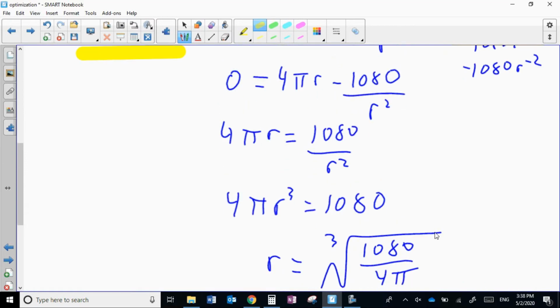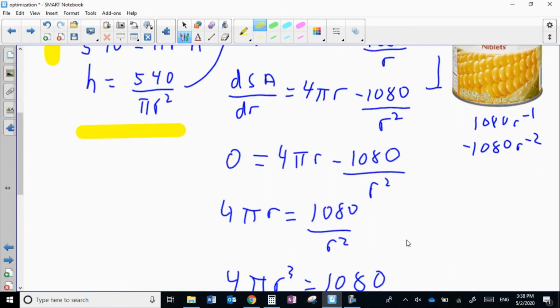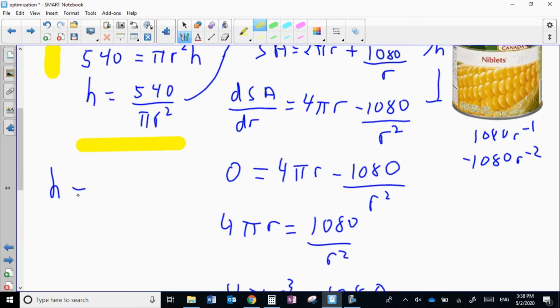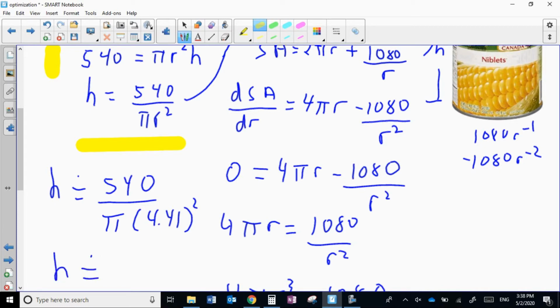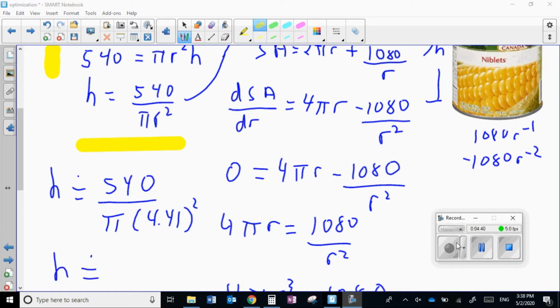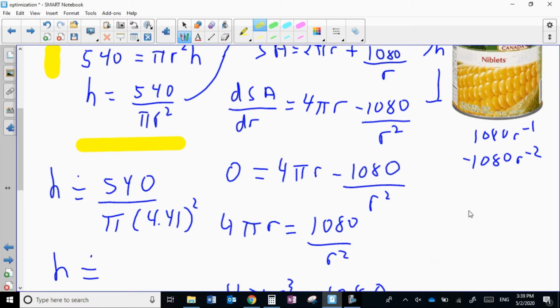Once we have our answer for r, in this case I'm just going to do an approximate answer, 540 divided by pi times 4.41 squared. That's really close to 8.8 centimeters.